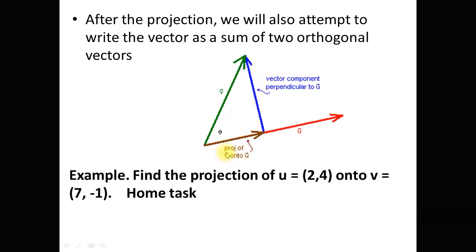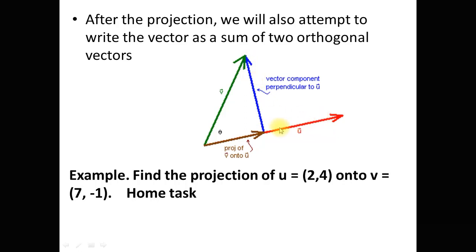So there are two components of this vector V. One component is along U and the other component is perpendicular to the vector U.